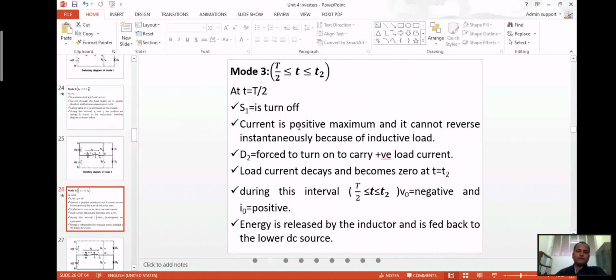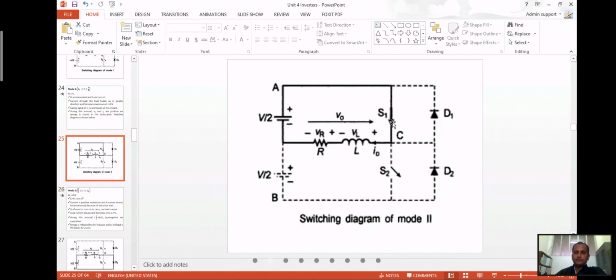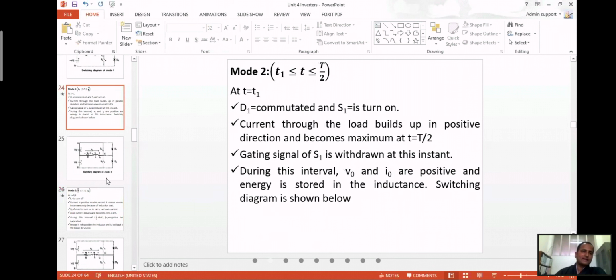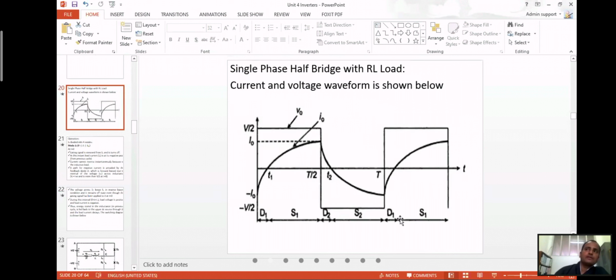S1 is turned off in mode 3 operation. The current is at positive maximum, and because of the inductive nature of the load, it cannot reverse instantaneously. So D2 is forced to turn on to carry the positive load current.